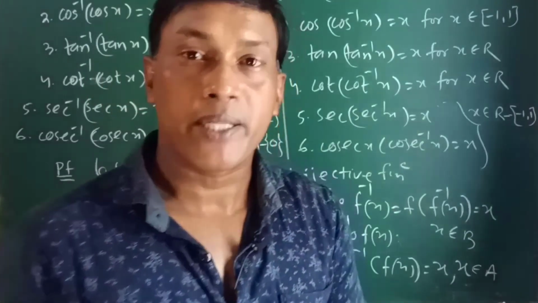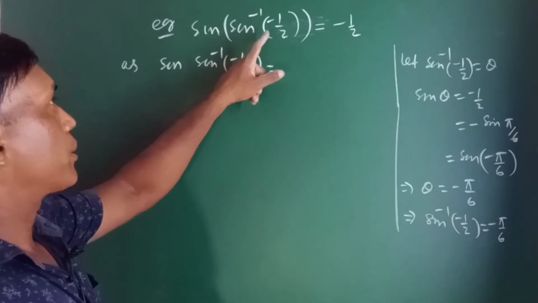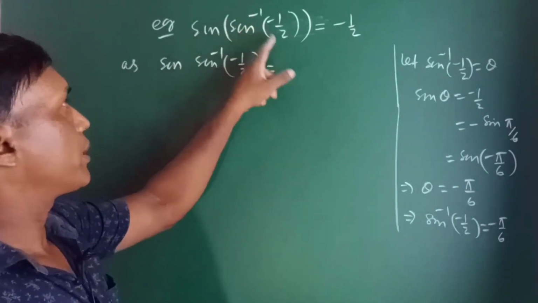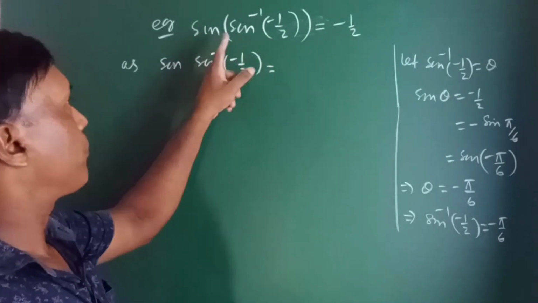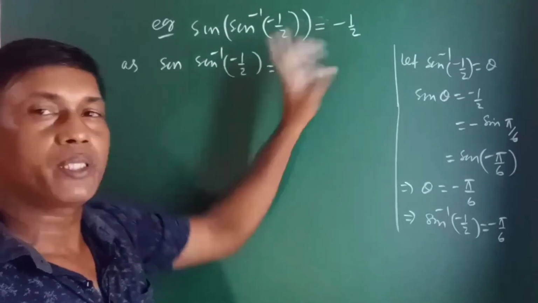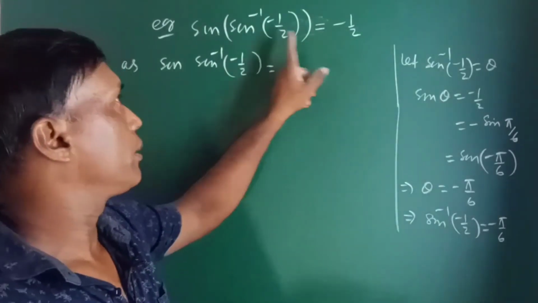And how can we apply this? One example is sine of sine inverse minus 1 by 2. If you apply the formula, sine of sine inverse x is x, so sine of sine inverse minus 1 by 2 is minus 1 by 2. But one condition is that minus 1 by 2 must be in the domain.